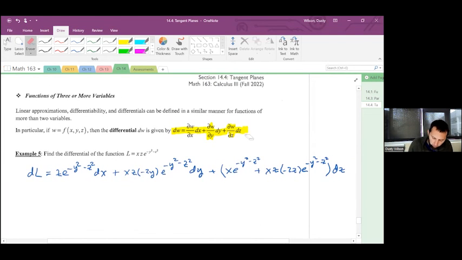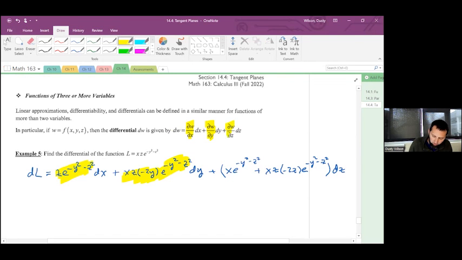Let me recolor the formula that we're working from. So the partial derivative of w with respect to x, that's this z e to the negative y squared minus z squared. The partial derivative of w with respect to y, that's going to be our xz times negative 2y e to the negative y squared minus z squared.